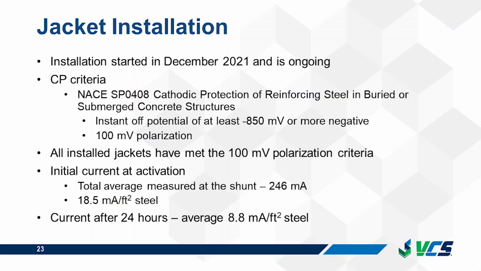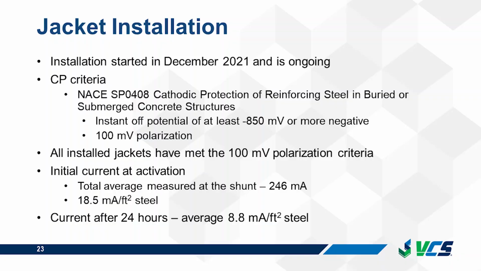Jacket installation started in December 2021, and it is still ongoing. The cathodic protection criteria that is used for determining the effectiveness of the jackets on this bridge is NACE, which is now AMPP, SP0408, cathodic protection of reinforcing steel in buried and submerged concrete structures.